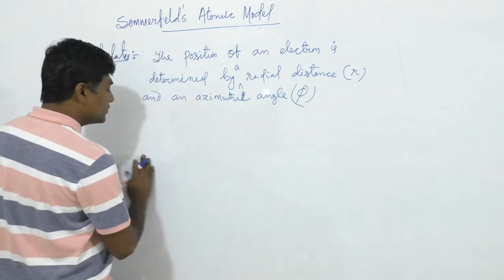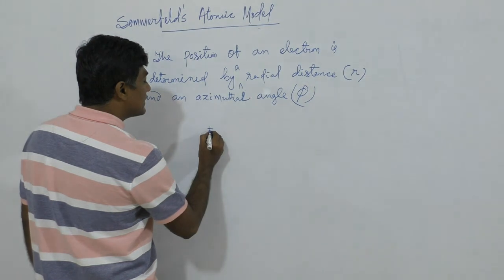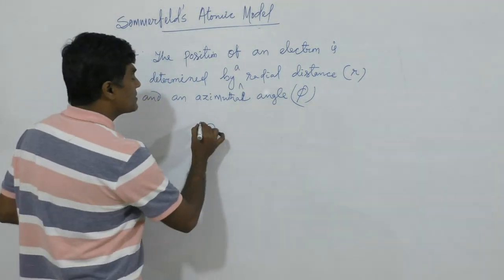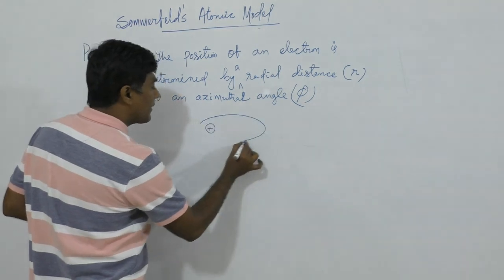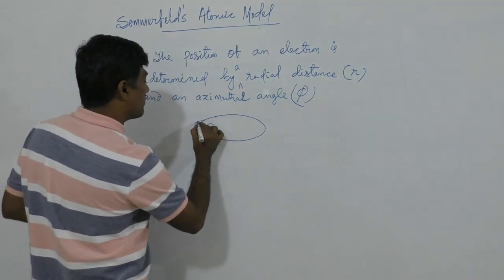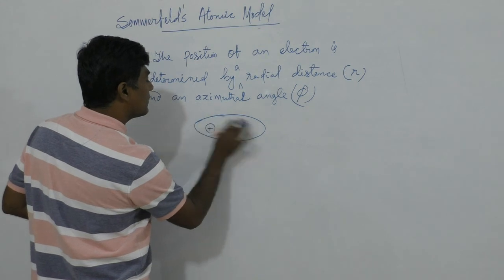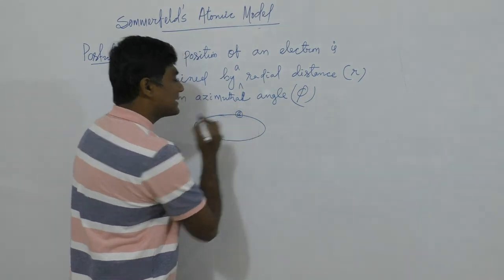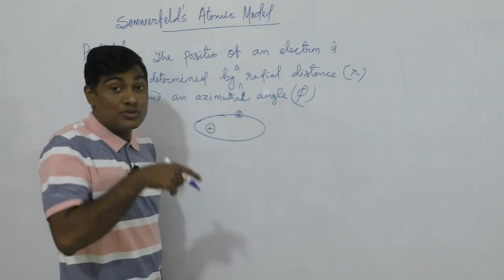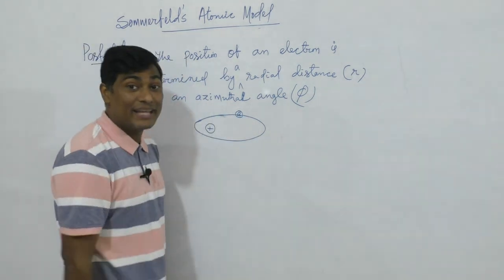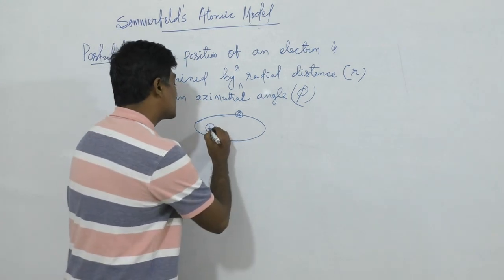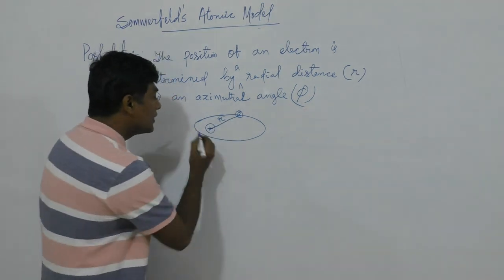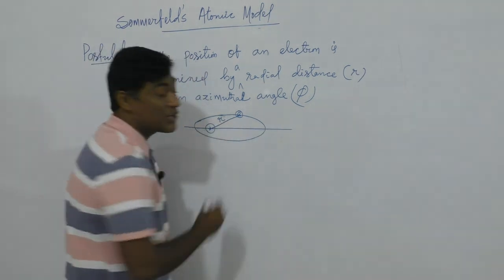How? You see, say this is the nucleus that should be present at one of the foci. So this is the elliptical path. Say the electron is present here. What is the position of electron in this elliptical path? So this is the center of the nucleus, this is the radial distance r. This is the major axis.